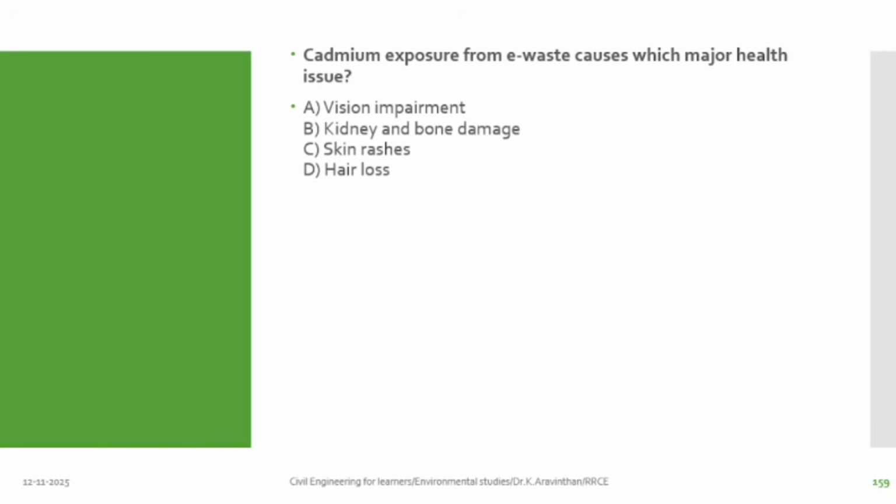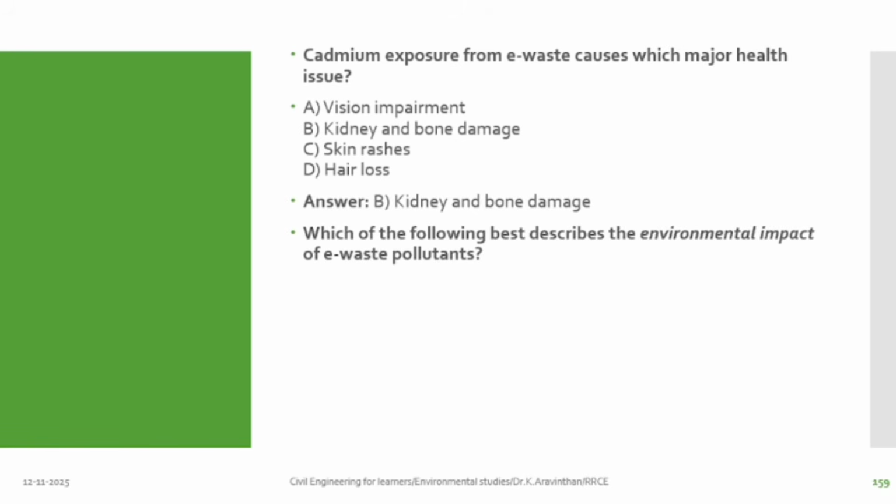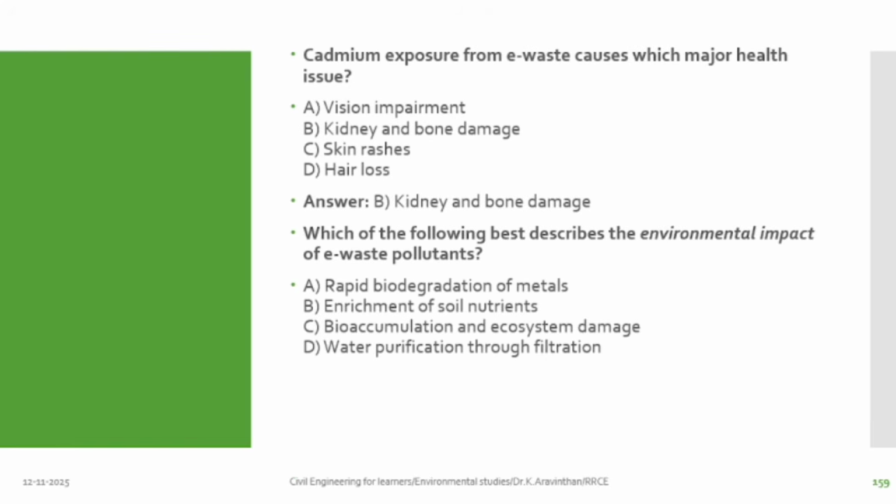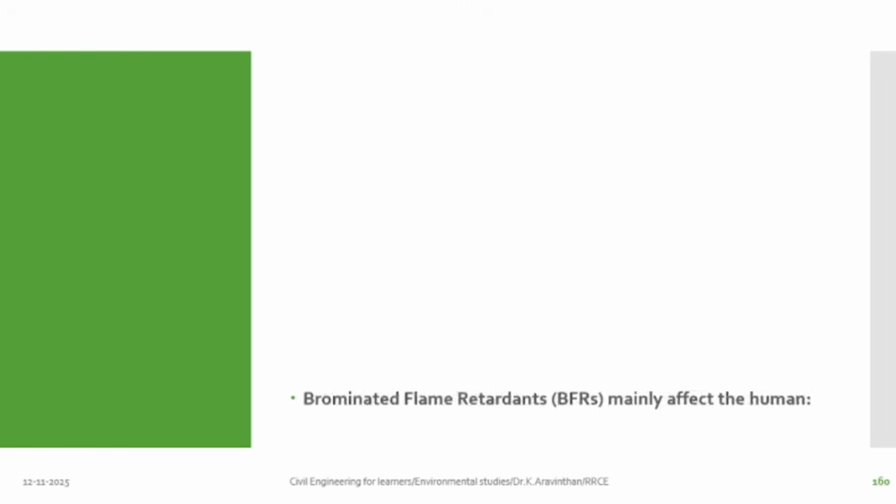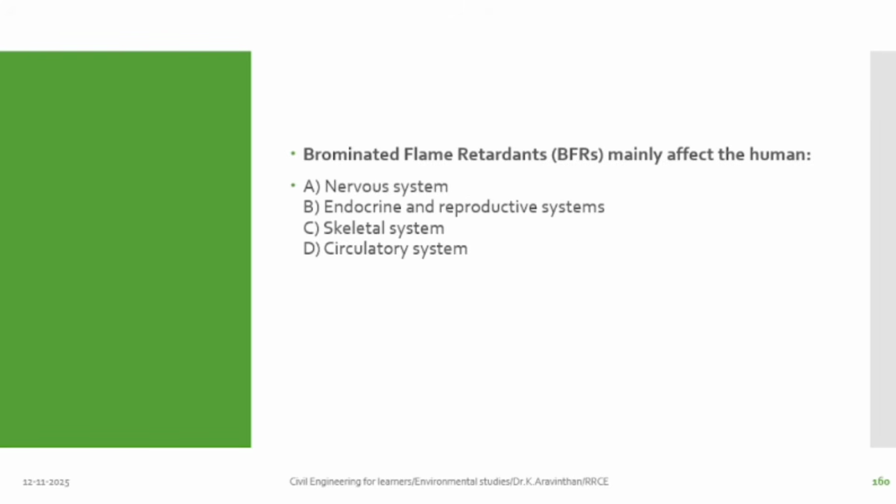Cadmium exposure from e-waste causes which major health issue? Cadmium causes kidney and bone damage. Next one. Which of the following best describes the environmental impact of e-waste pollutants? Bioaccumulation and ecosystem damage. Next one. Brominated flame retardants mainly affect humans' endocrine and reproductive system. Yes.